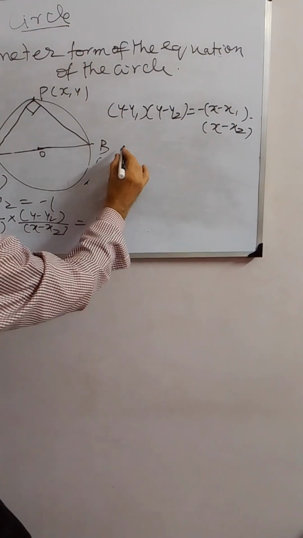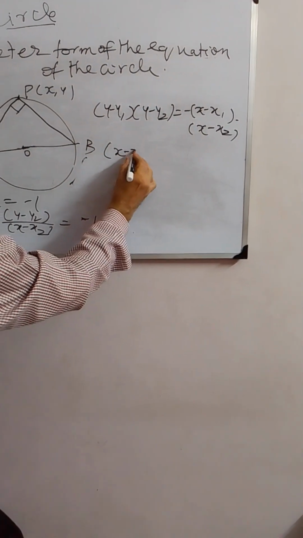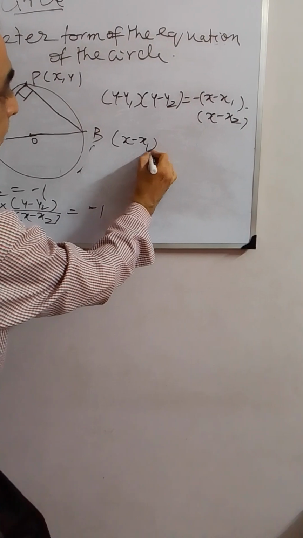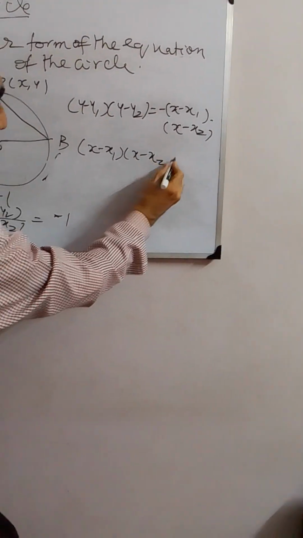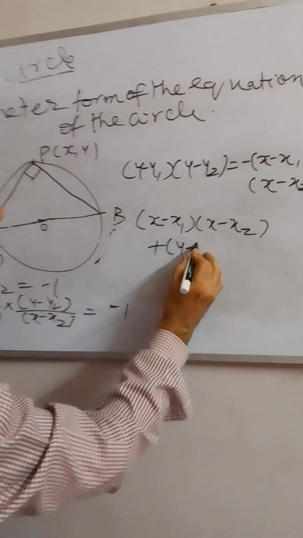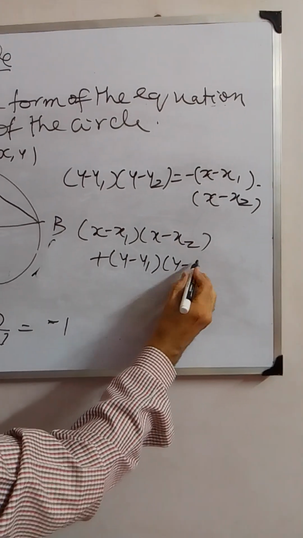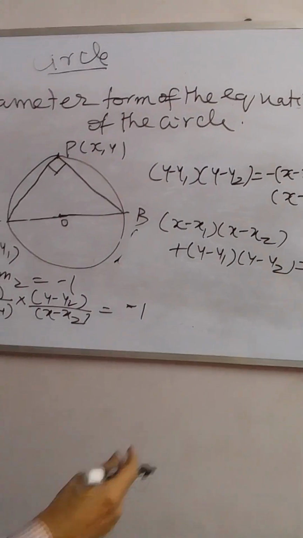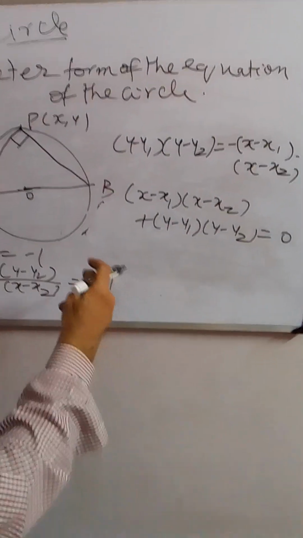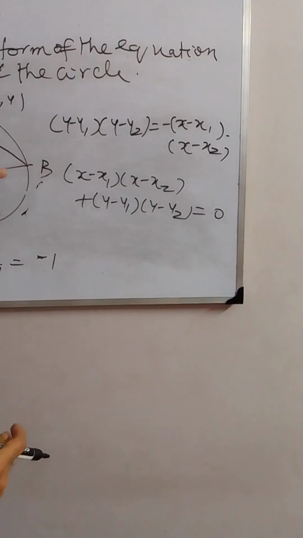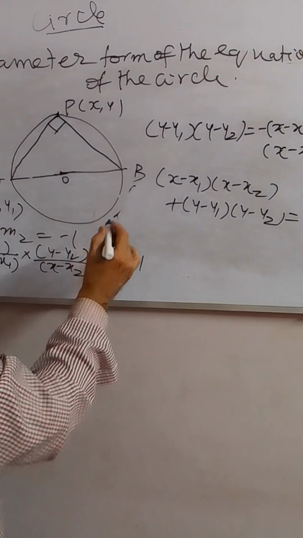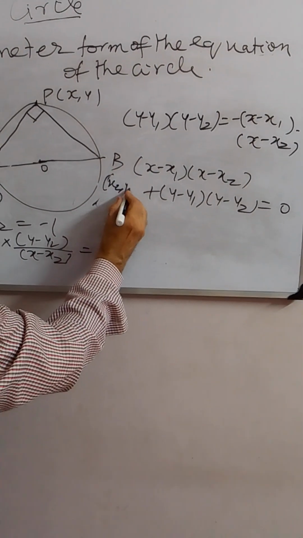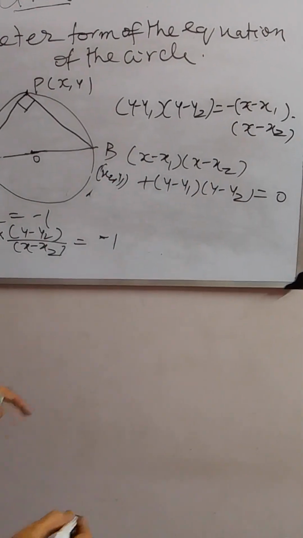Bringing this to the left side, this will become (x minus x1)(x minus x2) plus (y minus y1)(y minus y2) equal to 0. Okay, so this is the equation of the circle whose diameter endpoints are given, where the endpoints are (x1, y1) and (x2, y2). So the equation of the circle will be this. Okay, thanks.